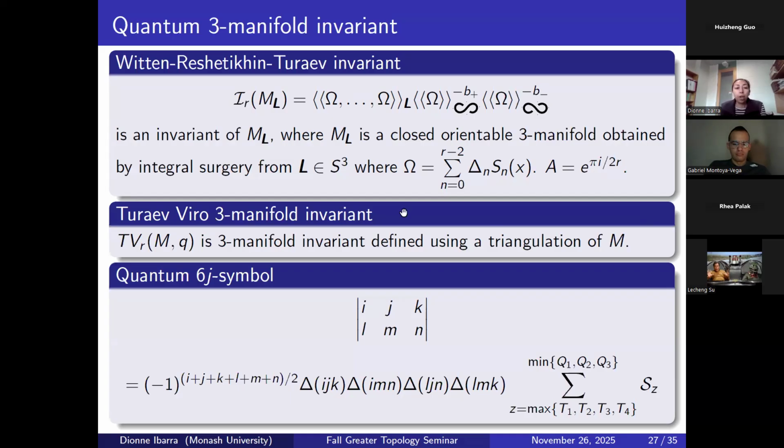And Turaev and Viro defined their 3-manifold invariant using a triangulation of a manifold. In their original definition, they just defined it for closed orientable 3-manifolds. So you just triangulate your manifold. Each tetrahedron is associated to a 6j symbol.